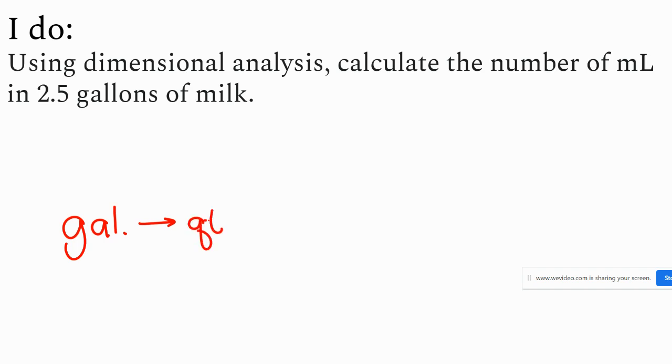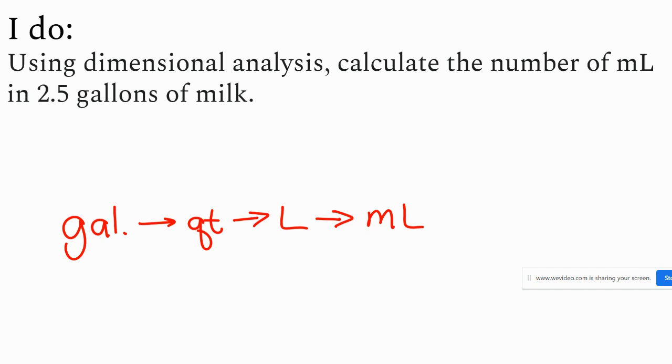And then I'm going to take my quarts into pints? Maybe? Is there a conversion factor that goes between quarts and milliliters? It goes to liters. And then we can go quarts to liters, and then we can go liters into milliliters. Okay. So we have our path drawn here.